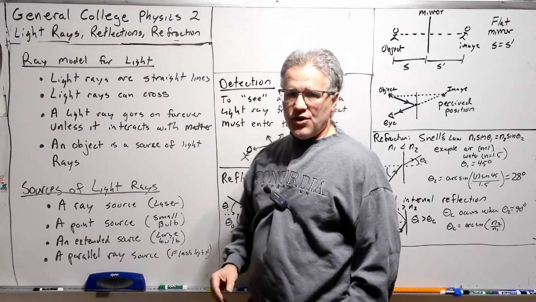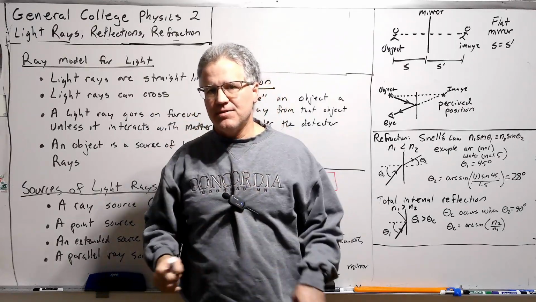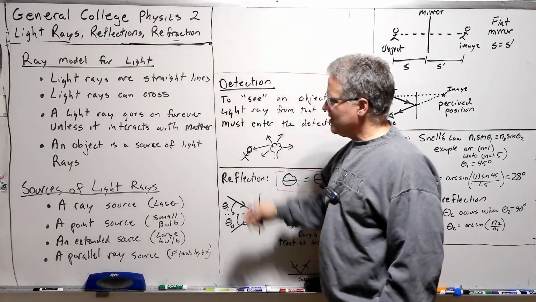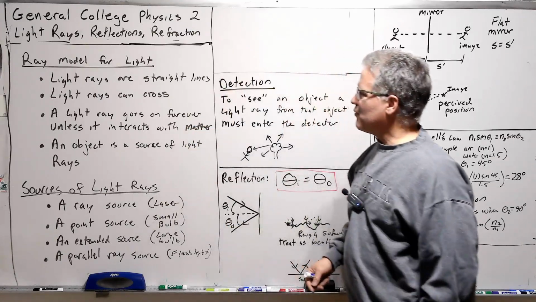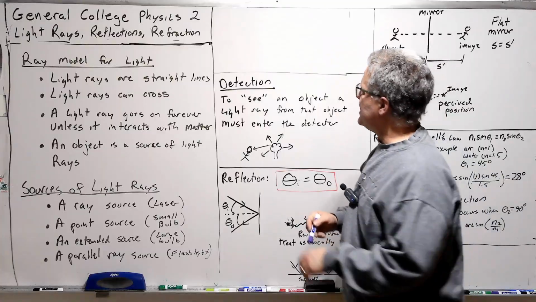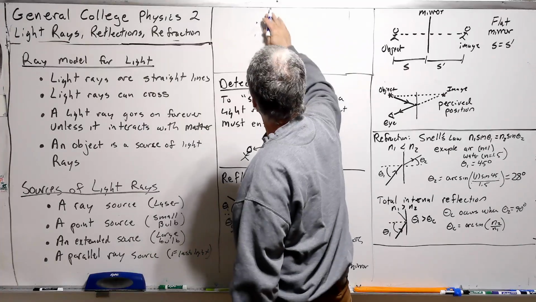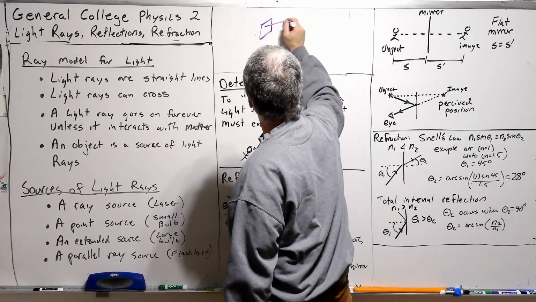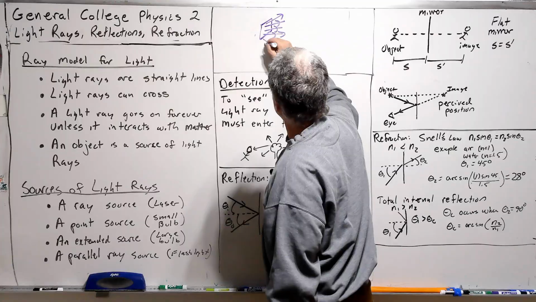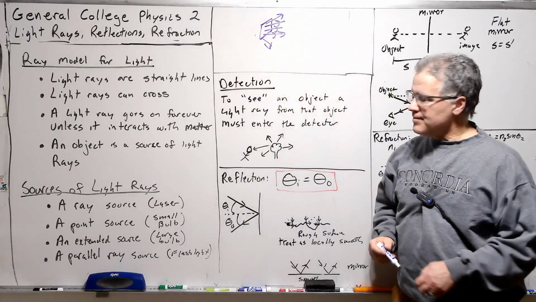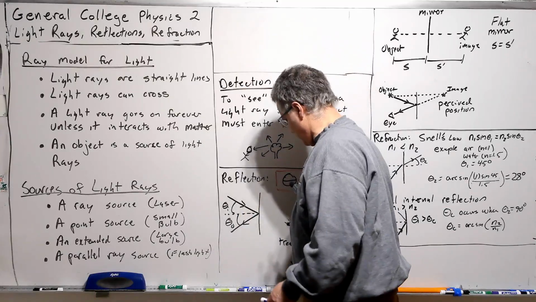An extended source, so maybe you have a light bank or a ring light. If you're doing some YouTubing and you want to make it look professional, unlike this, you'd have a ring light, and that would be an extended structure. Let me try to draw this here. That would be sending light rays like that. And then finally, an important one is a parallel ray source.